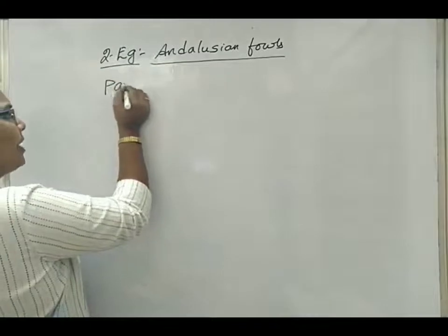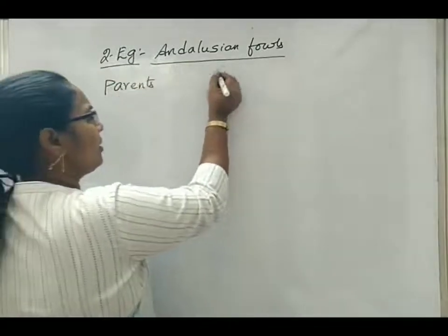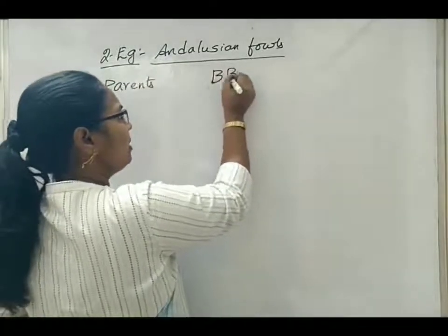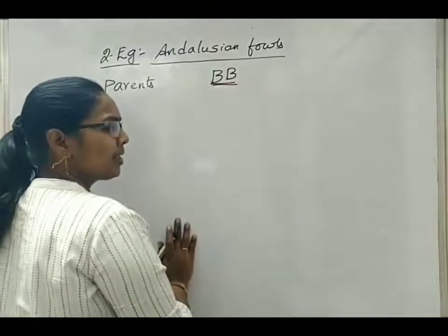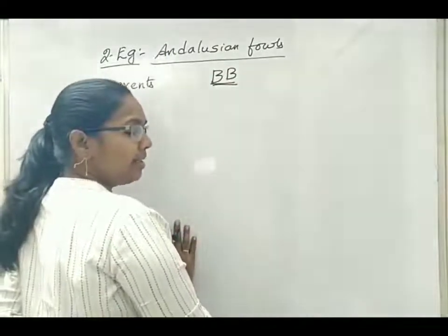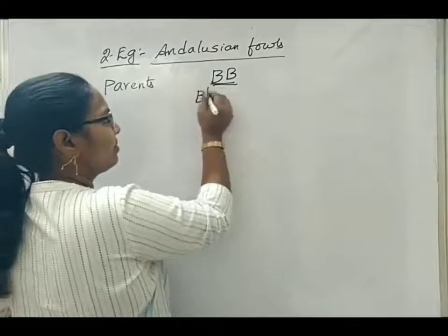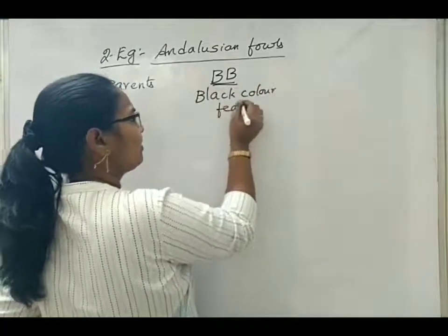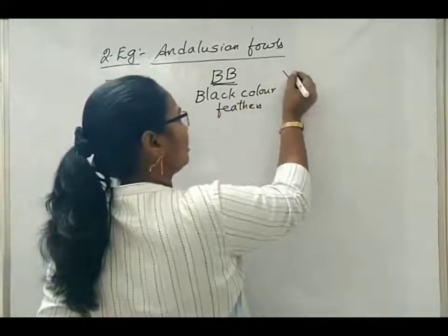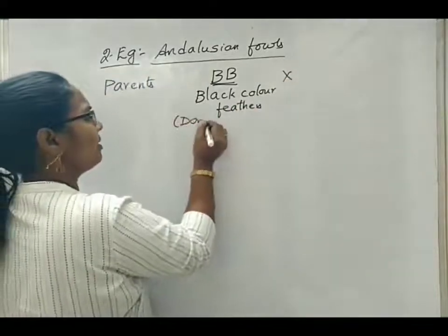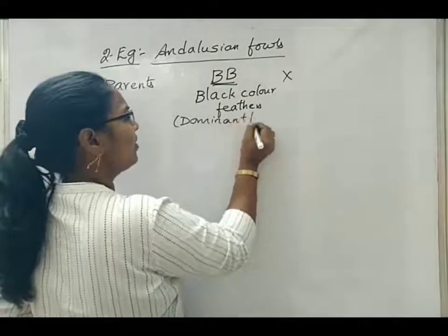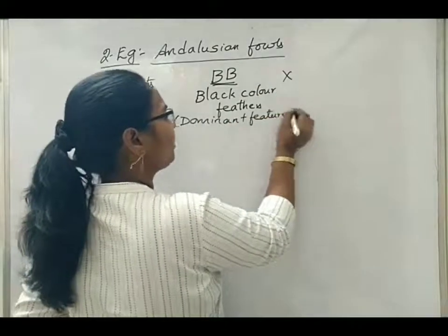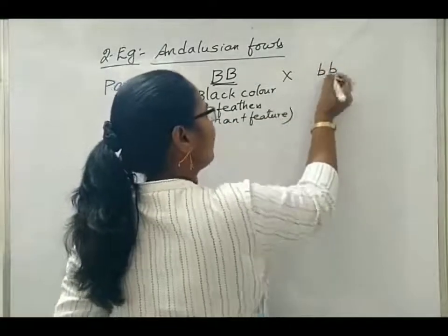So first, if we take parents, let's represent the parents in the form of capital B, which is responsible for the dominant color, that is black color feathers. This is considered the dominant feature, which is crossed with the recessive one.